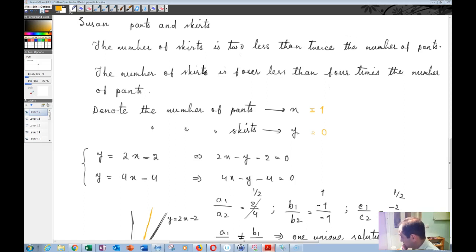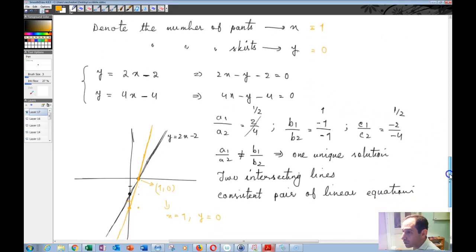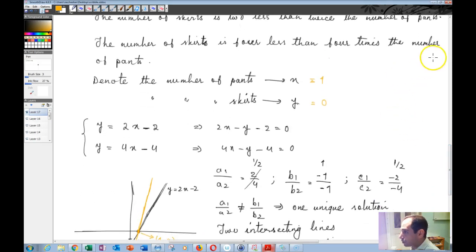And there is one more way to actually solve this problem, which we will get to shortly in the next videos. But I want to show you how you can do that as well, so that you can take care of your problems easily. You see that the equations that you have are y is equal to 2x minus 2 and y is equal to 4x minus 4.